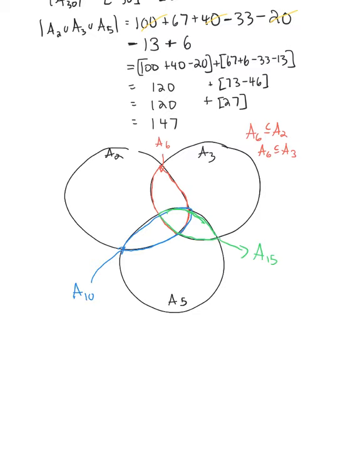And the region in yellow in the middle, that's A30. So that's what we're doing here. So we're just using the idea of inclusion-exclusion to help us count these sets. And here's a nice Venn diagram just to see what's going on.